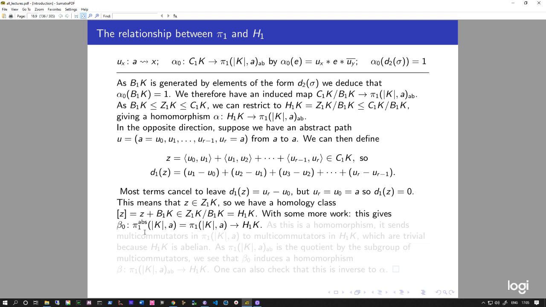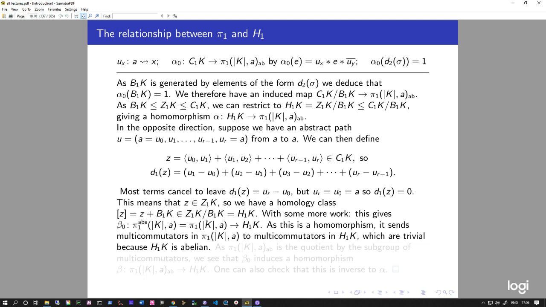And there is an abstract version of pi1 as well. There's a bunch of details to do for that, which we're not going to go through. But by filling that in and doing some more work along the same lines, we get a map, let's say beta 0, from the abstract pi1 to H1K. And there is a theorem that we're not going to prove, that the abstract pi1 is the same as the normal pi1.